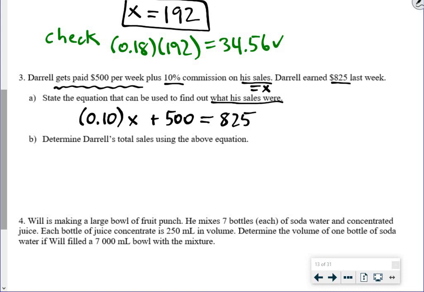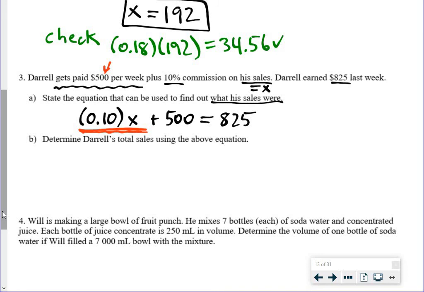So assuming he made no sales, like if X was 0, he would just make his base rate of $500. So 500 plus whatever 10% of something is going to give us 825. So I need this something here to be 325 because 500 plus 325 is 825.